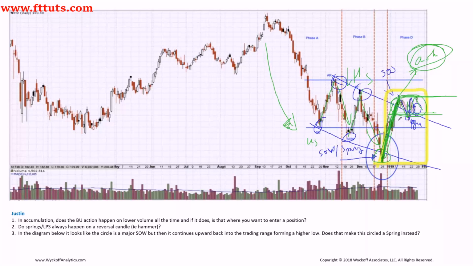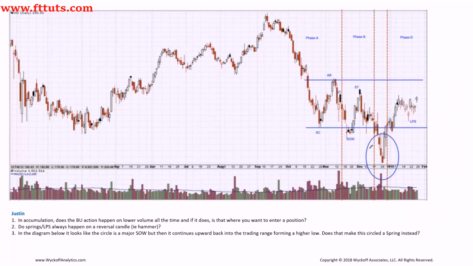Best rally and then very shallow reaction suggests that the bias is actually to the upside. And if the bias is to the upside and we look at the area of the support and we see the price just temporarily committing below, then this is most likely a spring and not a sign of weakness.